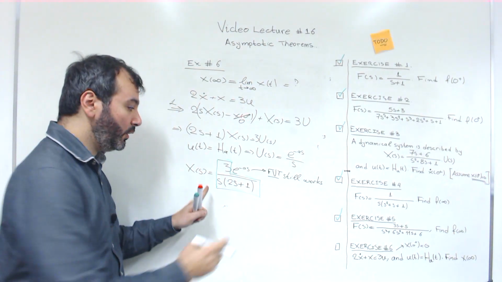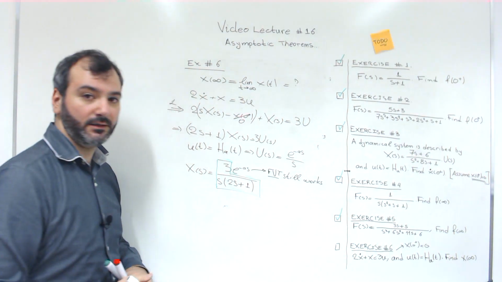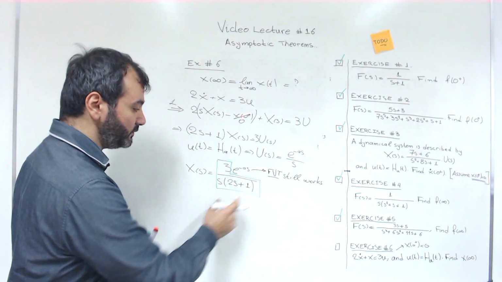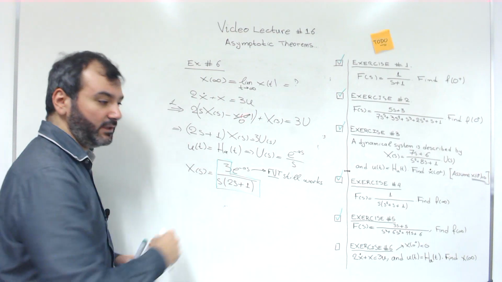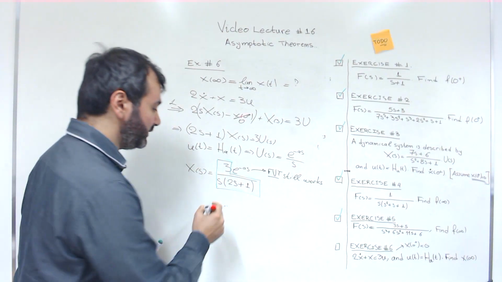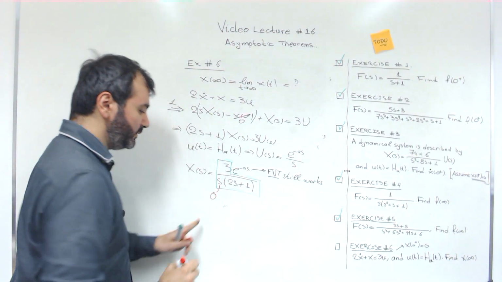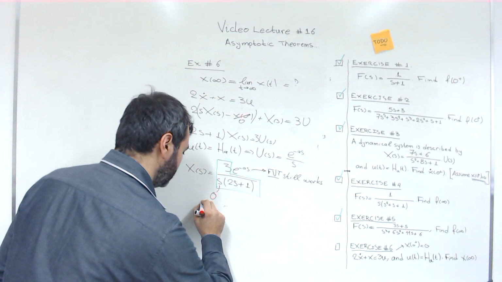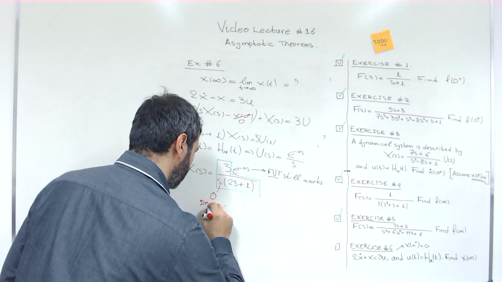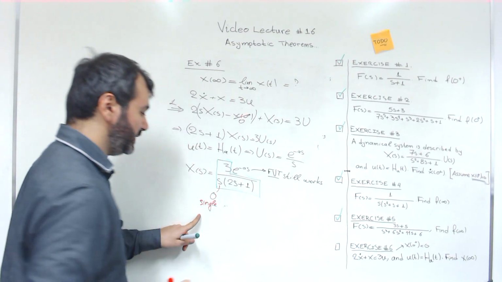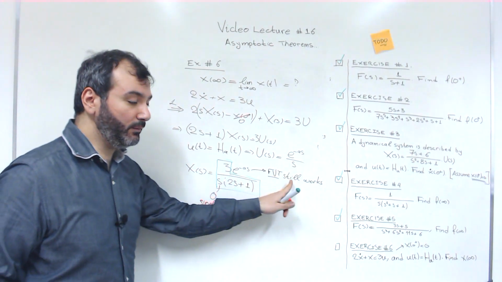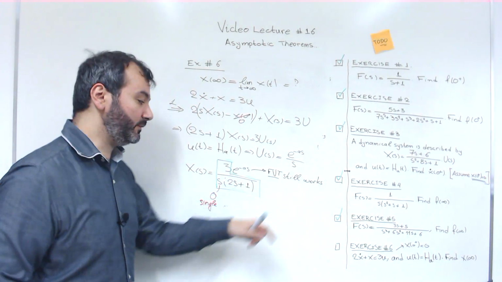How do we know? We have to look at the rational part and find the poles of this rational function, the roots of the denominator. And we see this here very clearly. 0 is a root, and it is a single one. Zero is a single root. If we had a square here, we wouldn't be able to apply the final value theorem.